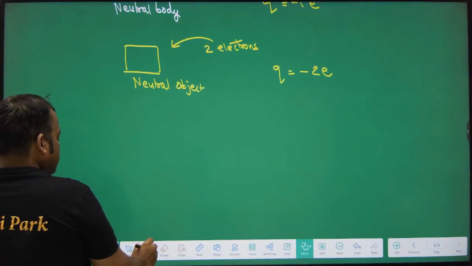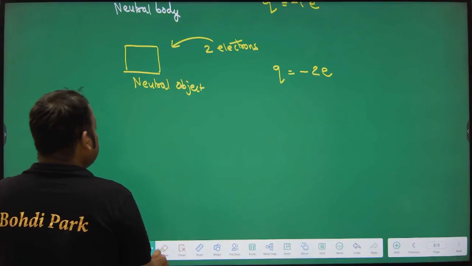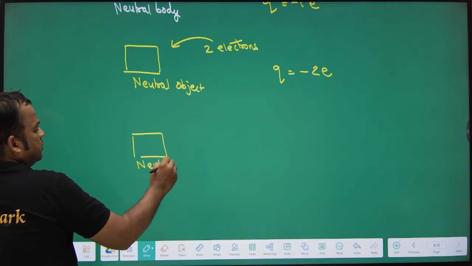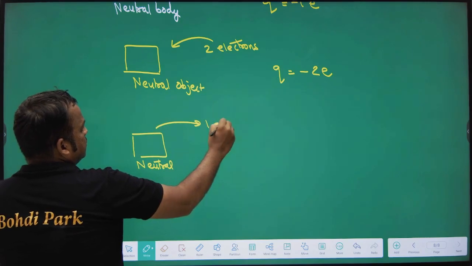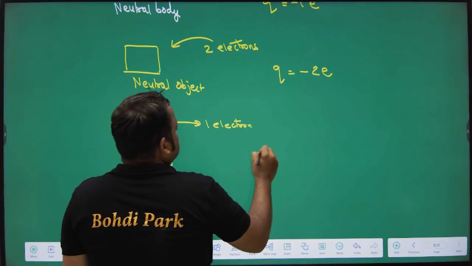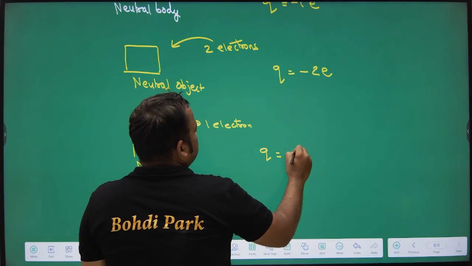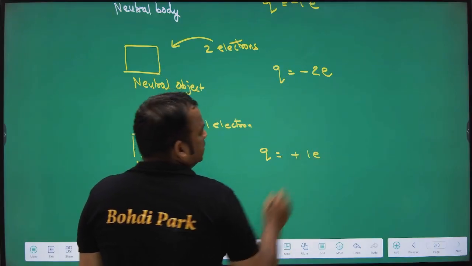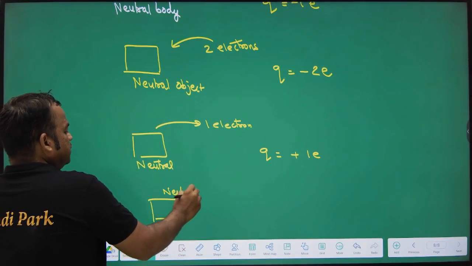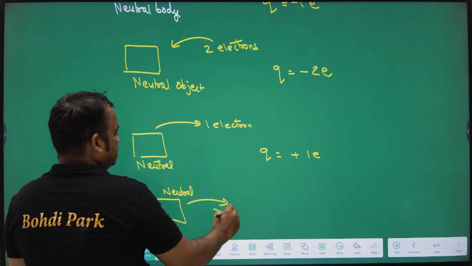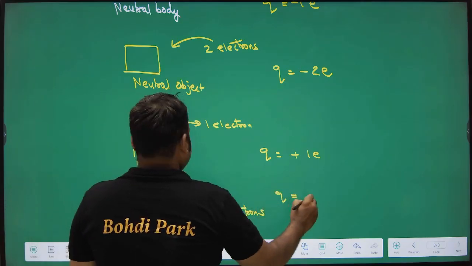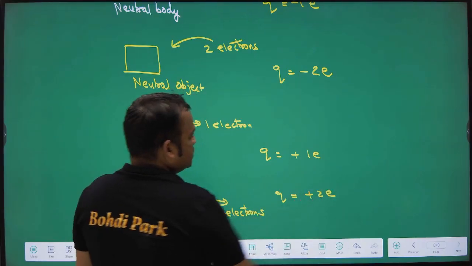What if you take out electrons from a neutral body? Suppose this is the neutral body. If you take one electron from it, this body will get a charge of plus 1e. If from the same neutral body you take two electrons, then it will get a charge of plus 2e.